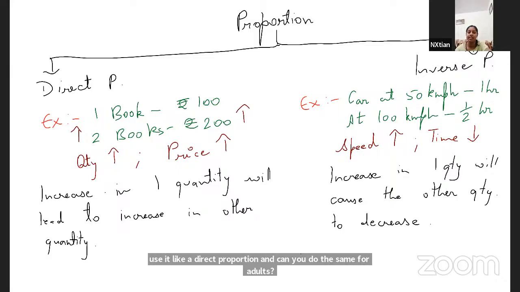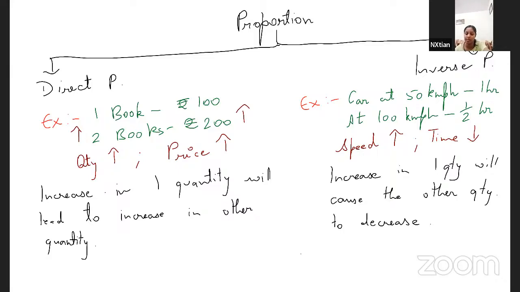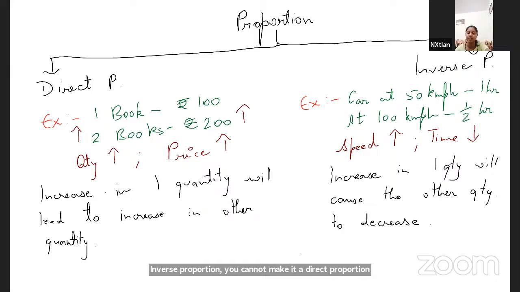See, Simran, there is a difference between direct proportion and inverse proportion. Inverse proportion you cannot make a direct proportion, because the change in quantities happens differently in the two types. In direct proportion, both quantities increase if they are increasing, or both decrease if they are decreasing.